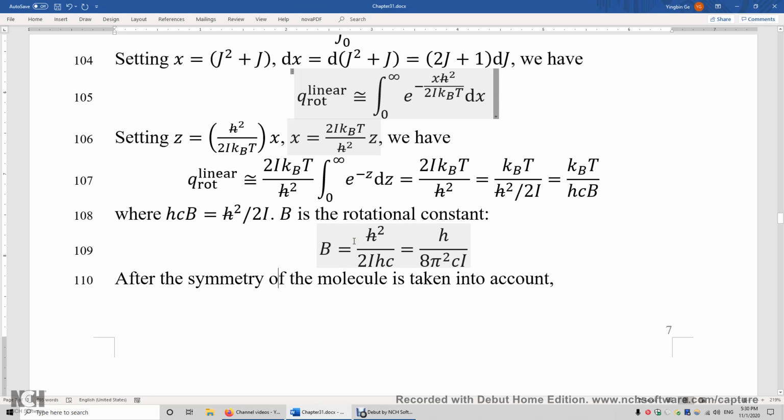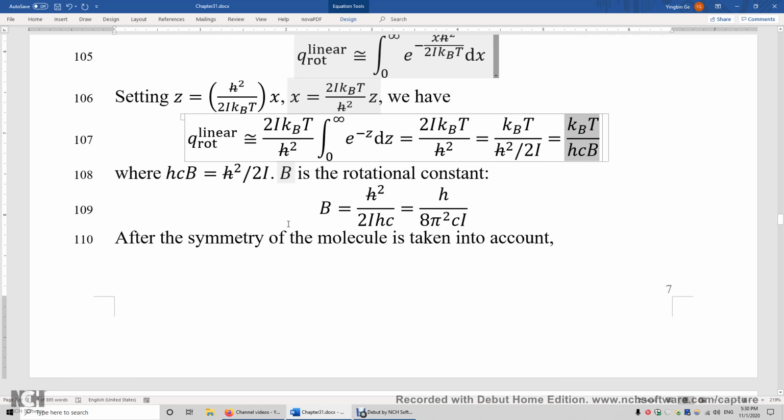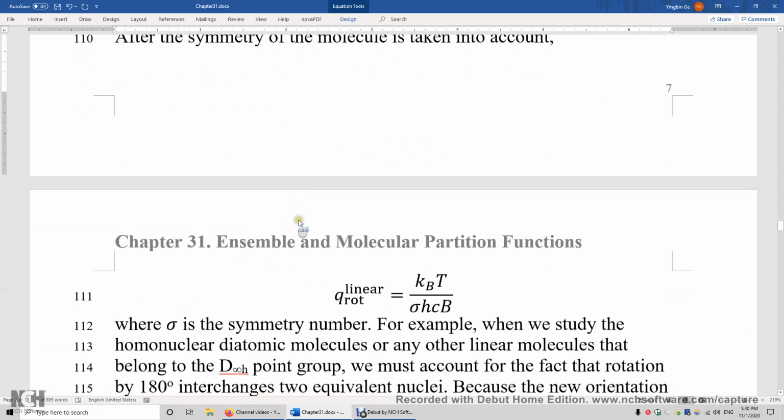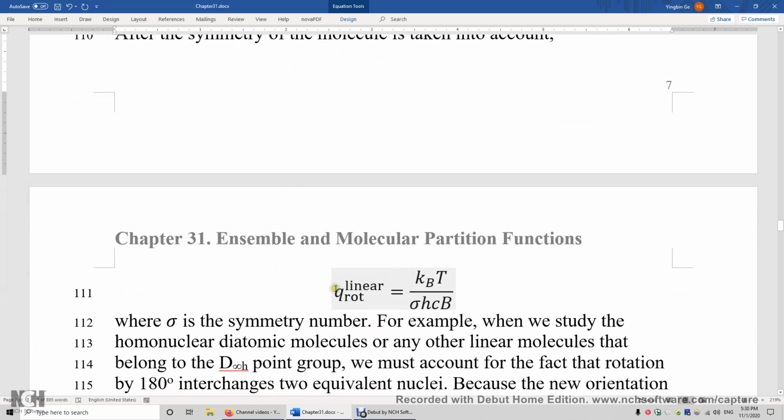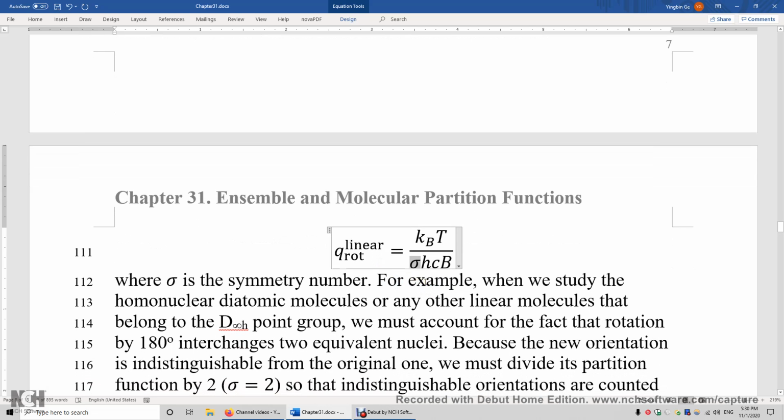We did not take the symmetry of the molecule into account when we wrote this partition function. After the symmetry of the molecule is taken into account, we have to divide this rotational partition function by sigma. Here, sigma is the symmetry number.